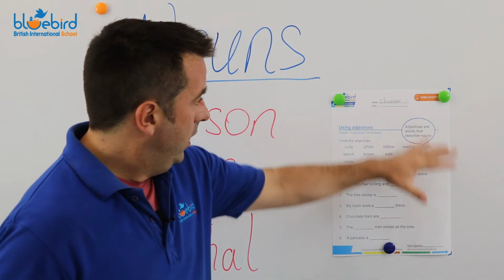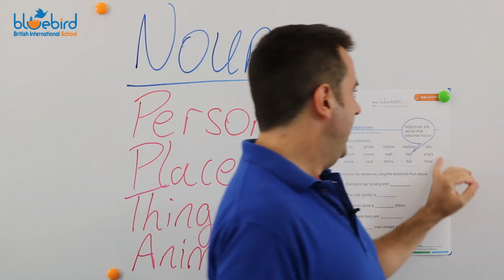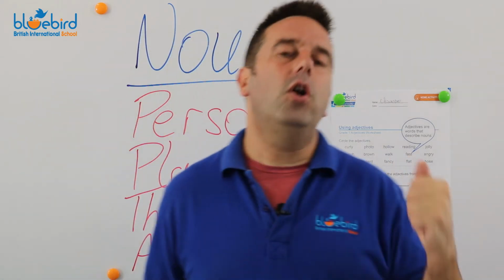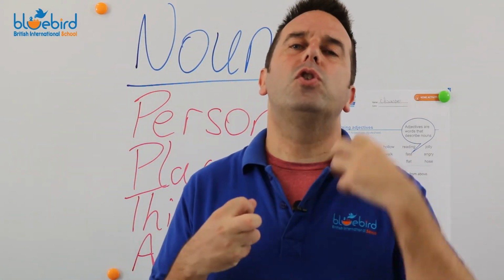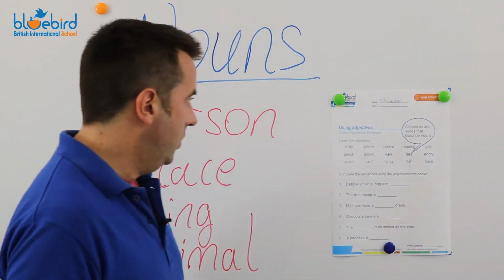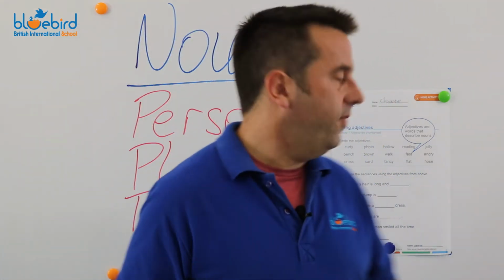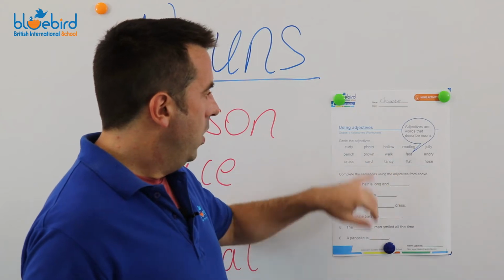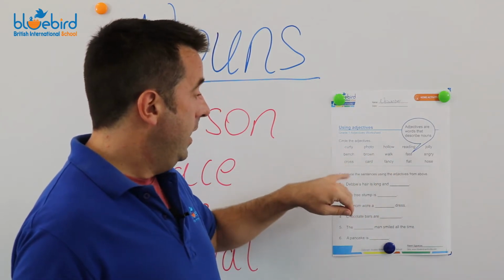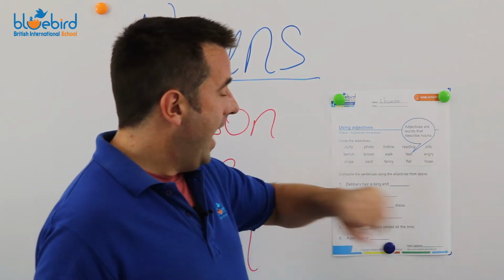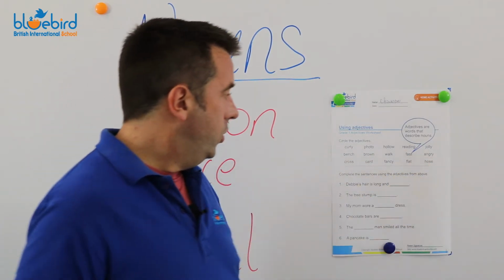So we'll have here again, circle the adjectives. Have a look at some words that you think would describe things. There is fast, flat, hollow, photo, curly, bench, brown, jolly, angry, hose.